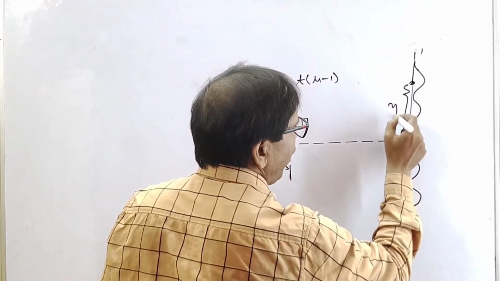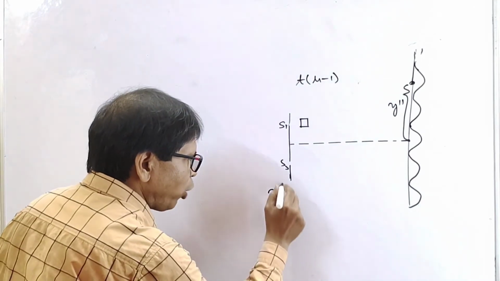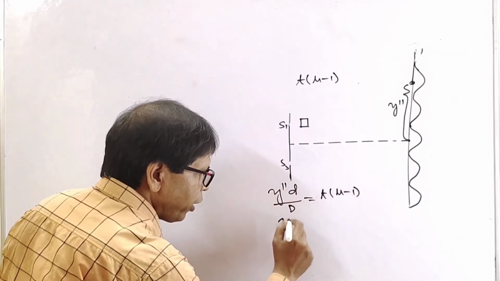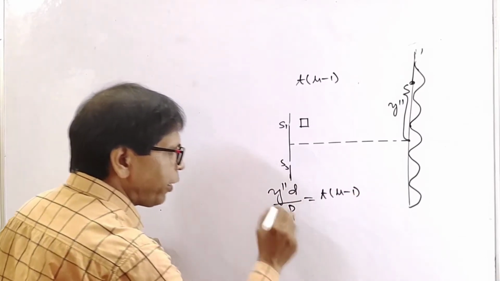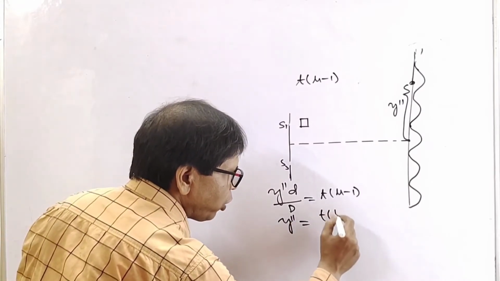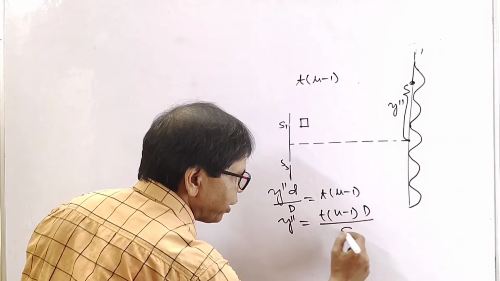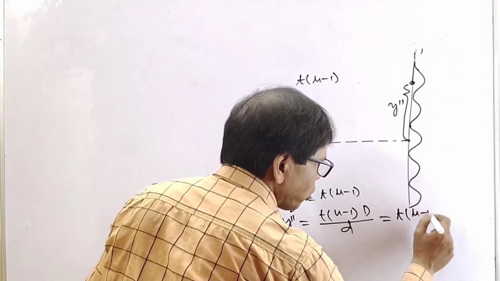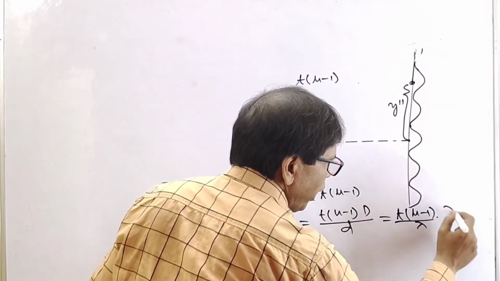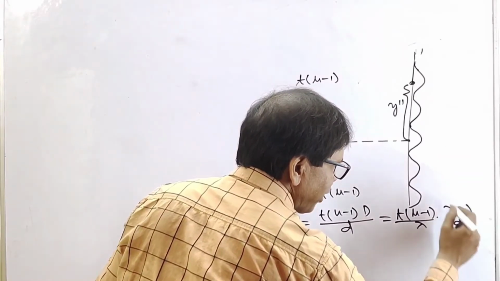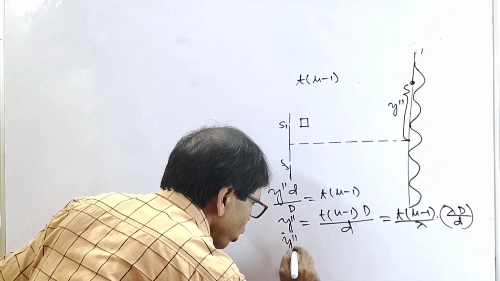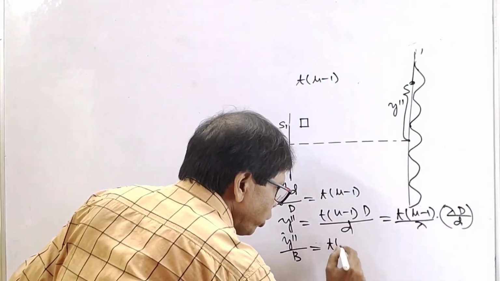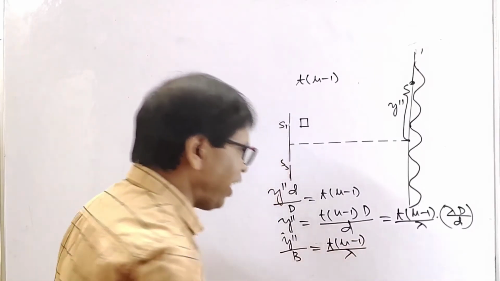If this is y double dash, then y double dash d by D equals t into (mu minus 1). Therefore the shift of the central fringe y double dash is t into (mu minus 1) capital D by d. Now from here, t into (mu minus 1) by lambda into lambda D by d, this is beta. So the number of fringes crossing the center equals t into (mu minus 1) divided by lambda.